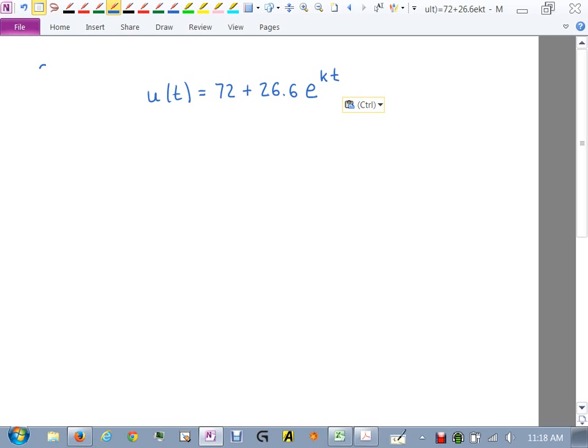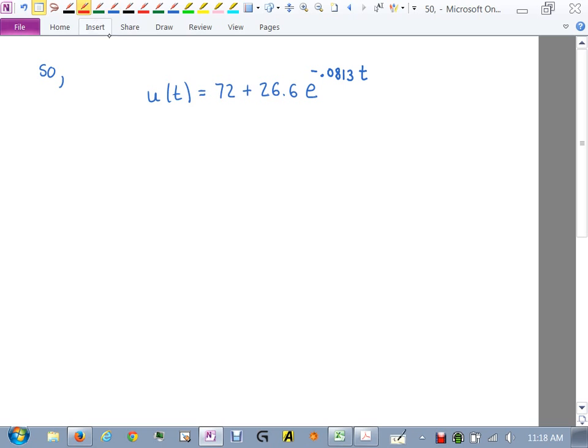So here's where we are. That was negative 0.0813 t, right? That's it.